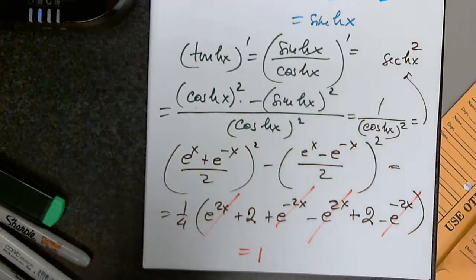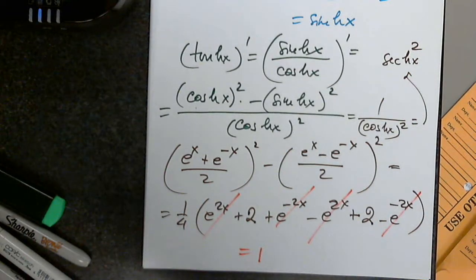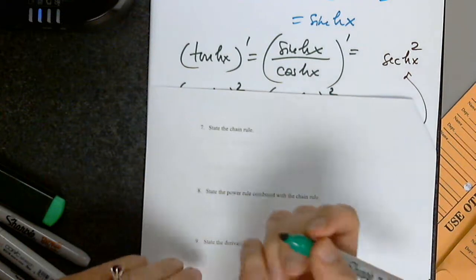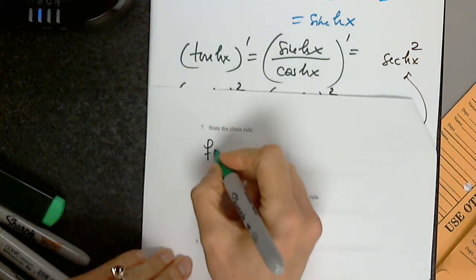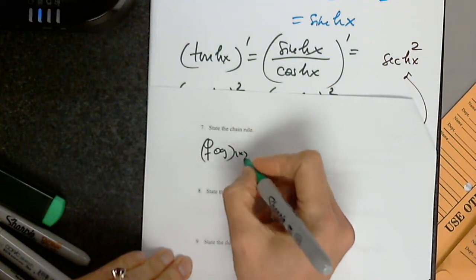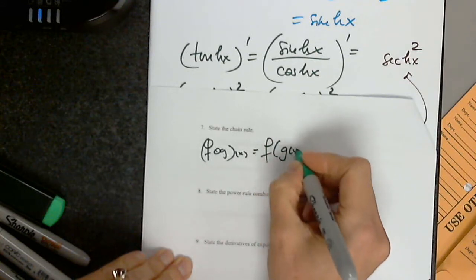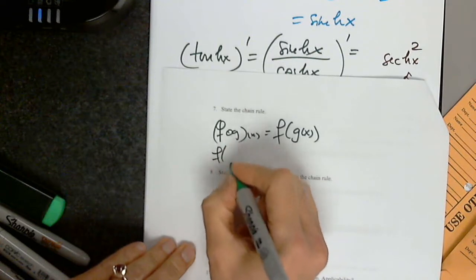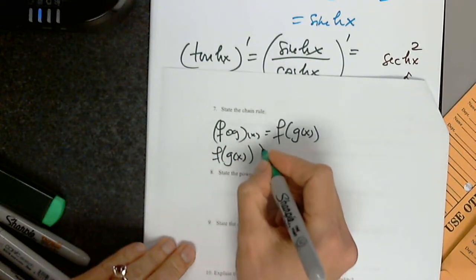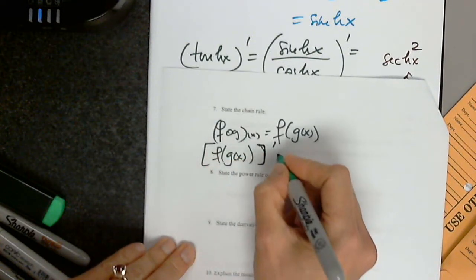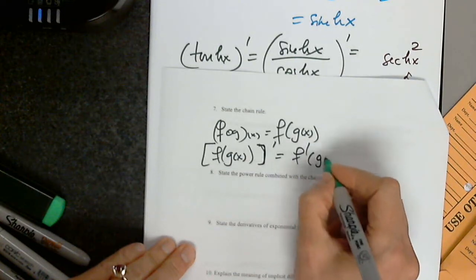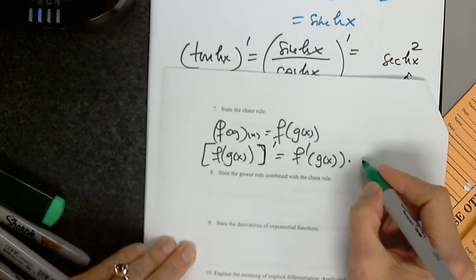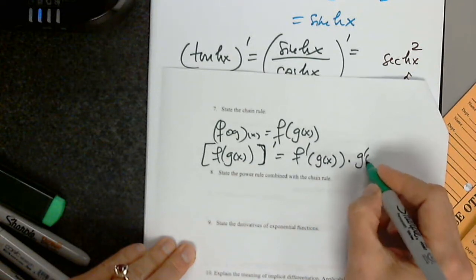State the chain rule. So here's the chain rule. F comp g of x equals f of g of x. So I want to differentiate this. So I have f prime of g of x times g prime of x.